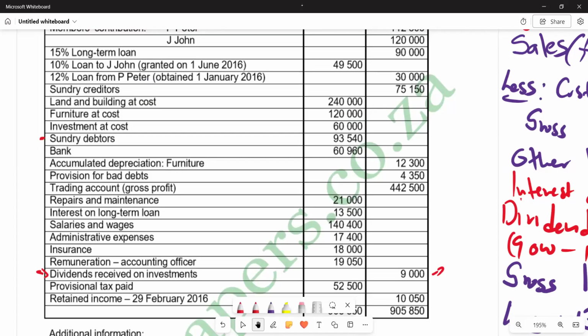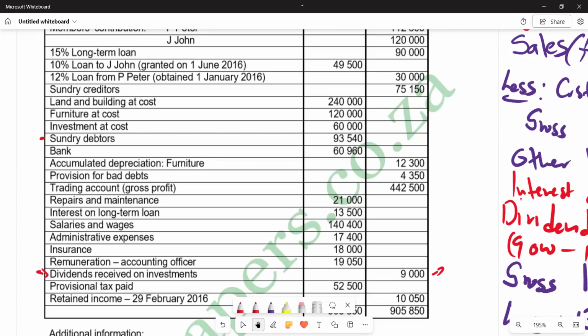So tax is 108,300. Then you subtract it from there to get the net profit after tax.